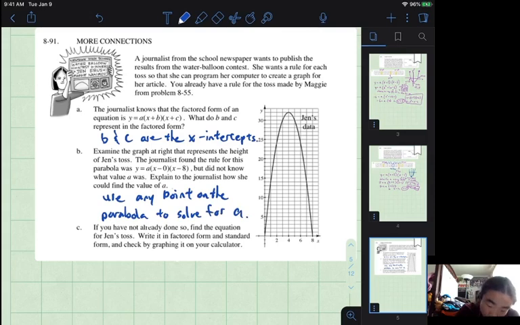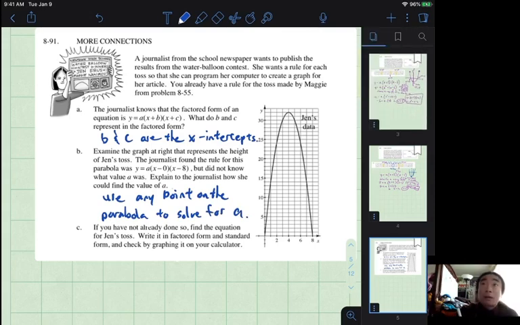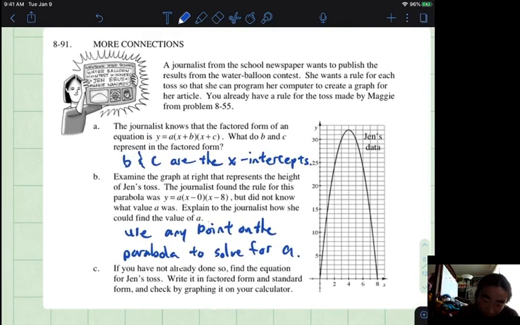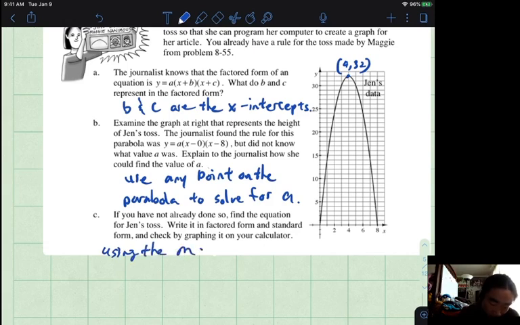So in this case, right here, that's 4 comma 32. We know the x-intercept, so that's not going to help you too much to solve for A. So we're going to use the maximum, 4 comma 32.